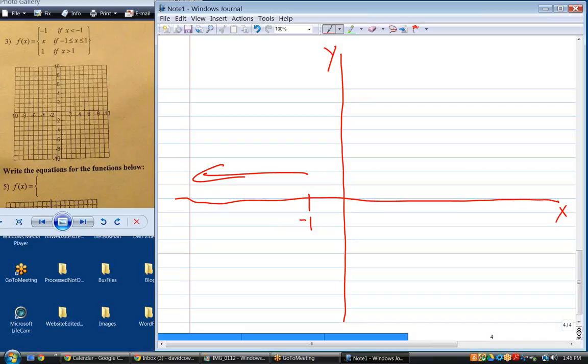So, what is y when x is less than -1? It's 0. No, what does it say? -1. In other words, when it says f of x, that's the same as y. So it's saying that y is equal to -1 whenever x is less than -1. Well, how do I graph the function y equals -1?